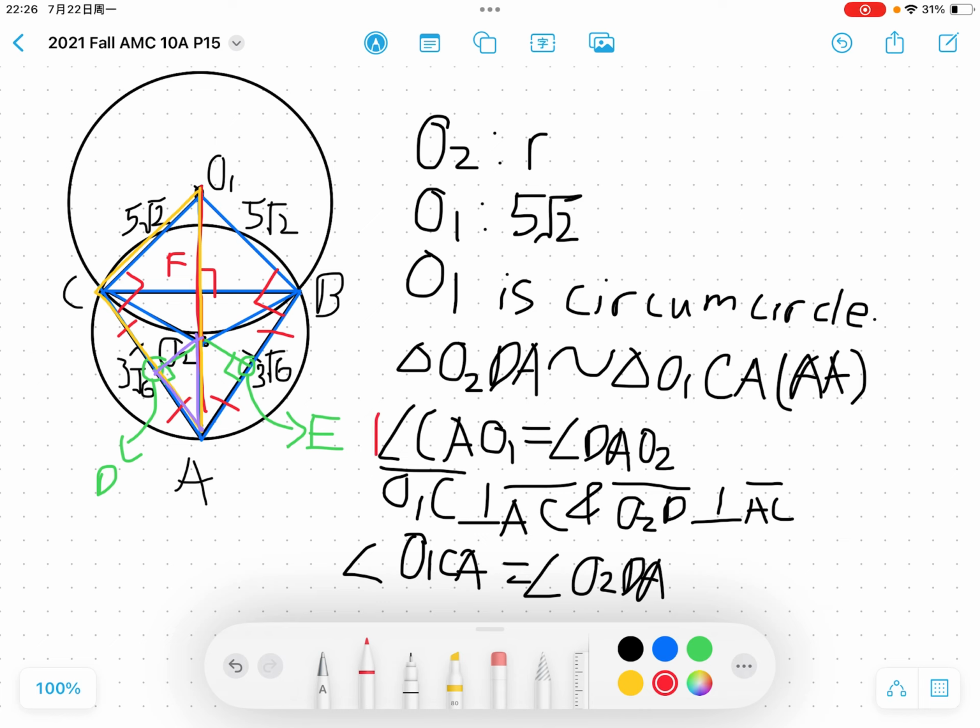So now we have two angles that are equal. We can use AA to prove that our triangles are similar.